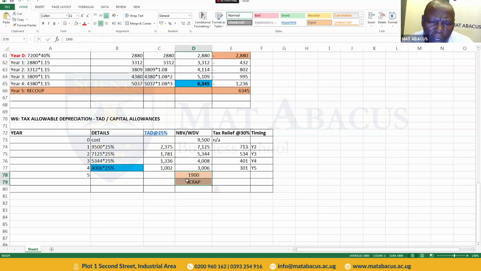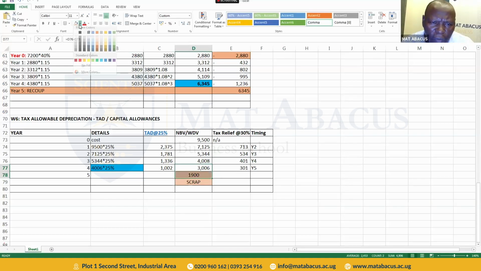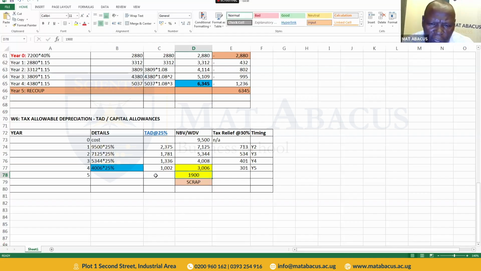If I brought in scrap there, it means if I compare the scrap, finally, even if the asset is not going to be depreciated, but there is some figure there, it would mean that since the scrap is less than the value of that asset after year 4, we're going to have a balancing allowance, because we are making a loss.